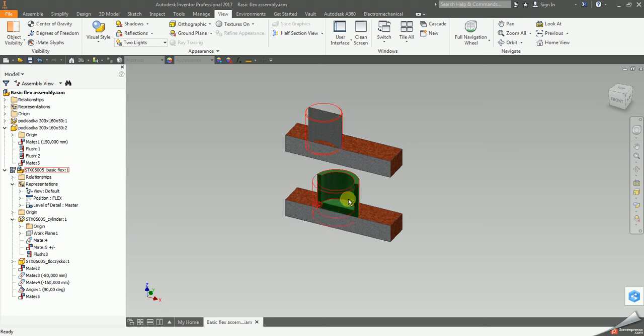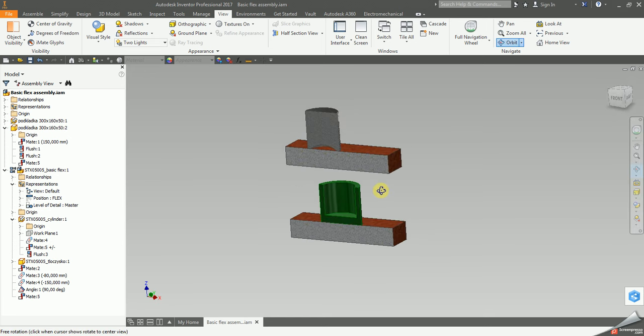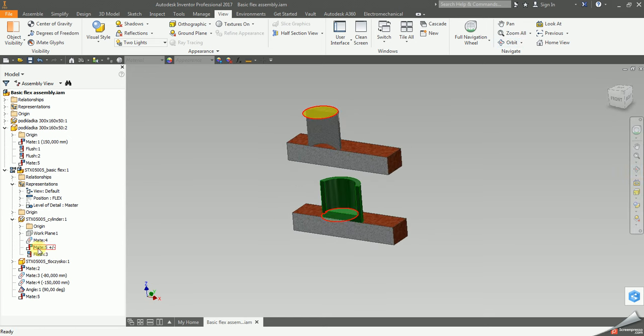This mate constraint involves the bottom surface of the cylinder hole and the bottom surface of the piston. In this case, it is obviously not met, because these two surfaces are now flush, plus the distance between those two surfaces is not as it is defined in the mate 5 constraint within the flexible jack assembly.